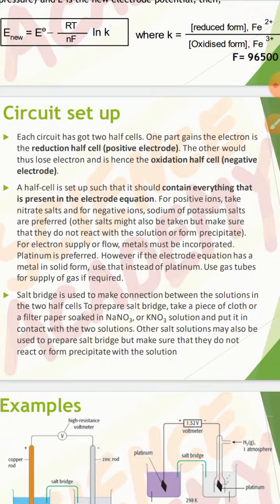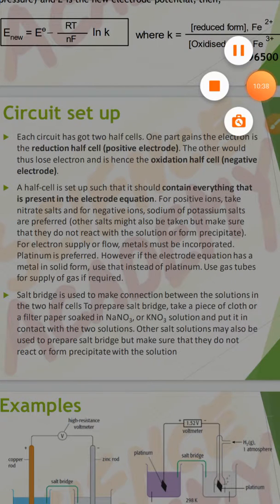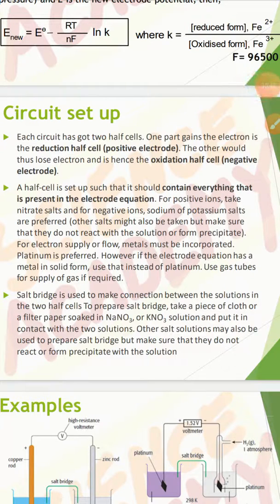Each and every electrochemical circuit has two sides, one side that will gain electrons and one side that will for sure lose electrons. The side that is gaining electrons, we call the reduction half cell, and the side that is losing electrons, we call the oxidation half cell.